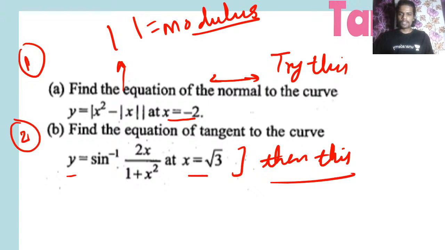So we have two parts. In the first part you have to calculate the equation of the normal, and in the second you have to calculate the equation of the tangent. I am giving you some time to do this. You have 1 minute more to try it, then we will solve it together.